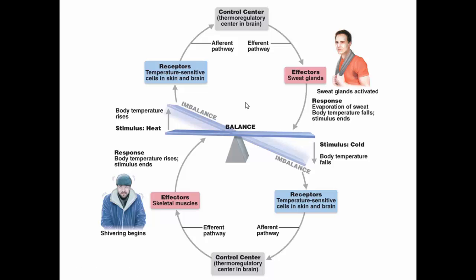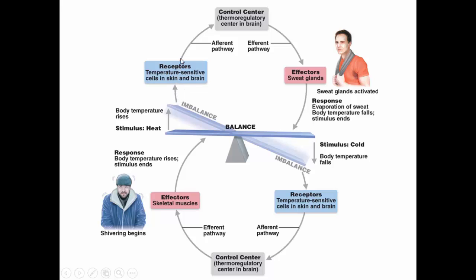Here is an example of a homeostatic mechanism using body temperature. As long as your body temperature is normal and that information is being sent via these temperature-sensitive receptors to the control center, nothing happens. But let's say you start doing something and your body temperature rises. Remember, muscle contraction generates heat, so maybe you start working out.